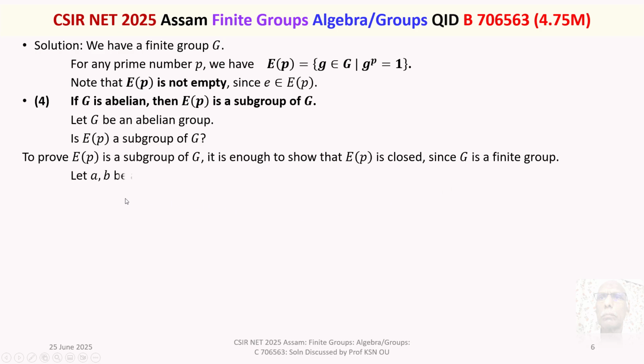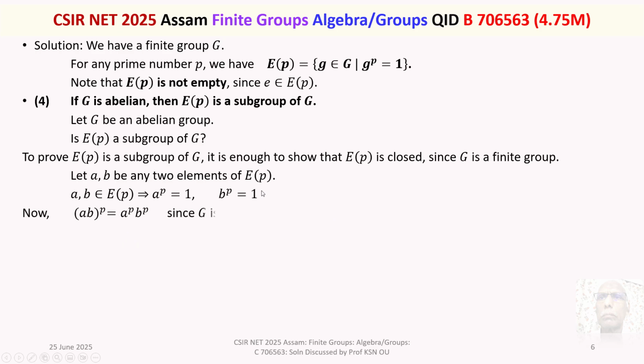So, let a and b be any two elements of E of P. This means a power P is 1, b power P is 1. Now, where is ab, the product? Now we test the condition. The product ab to the power of P is equal to a power P into b power P because G is abelian. When G is abelian, ab, the product, to the power of n is equal to a power n into b power n. This is a well-known fact. This is equal to 1, since a power P is 1 and b power P is 1.